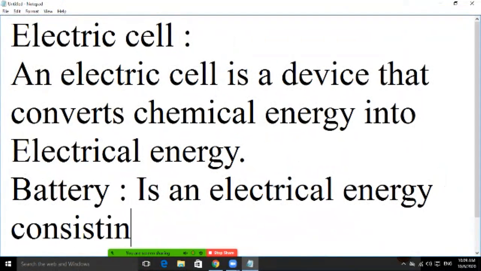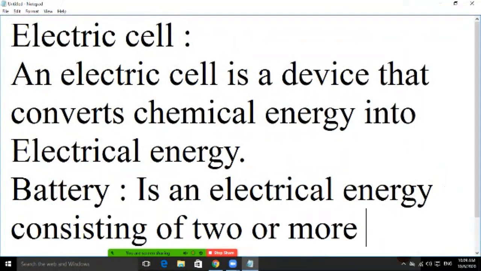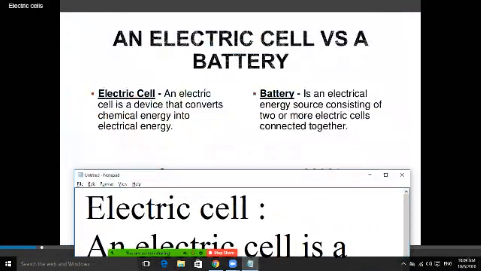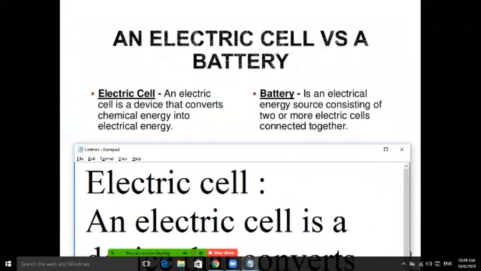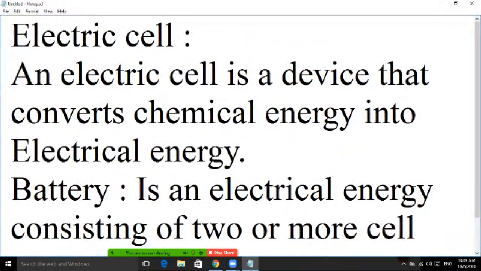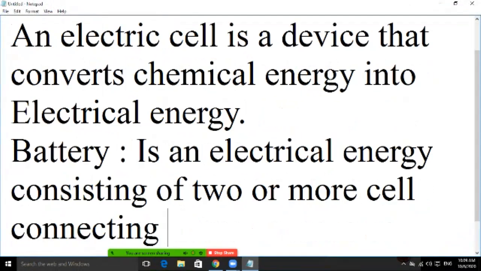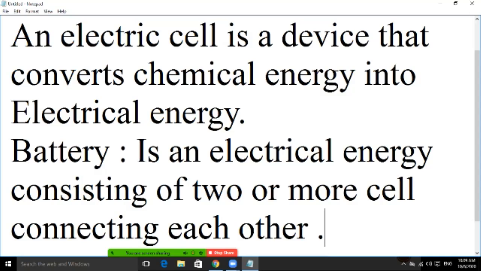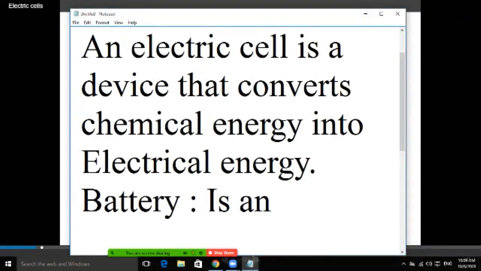Okay, it means that a group of cells is forming the battery. More cells connecting to each other, so that becomes a battery. It is an electrical energy source consisting of two or more cells connected to each other. So that is about the battery.